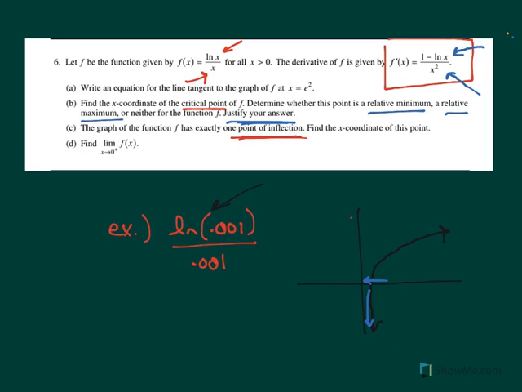So you're going to get a negative number up top, divided by something really, really small. So if that was, for example, 1 over 1,000, so 0.001 is 1 over 1,000. So if you multiply by the reciprocal, it's going to be like multiplying by something relatively large.